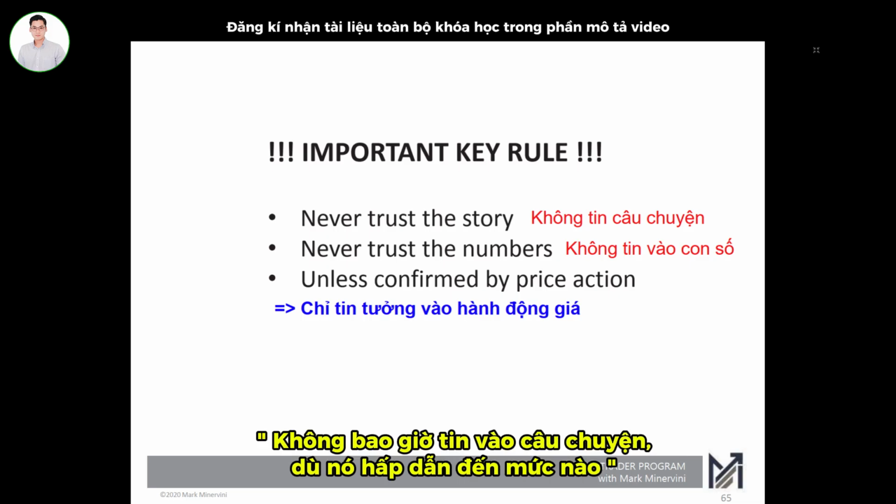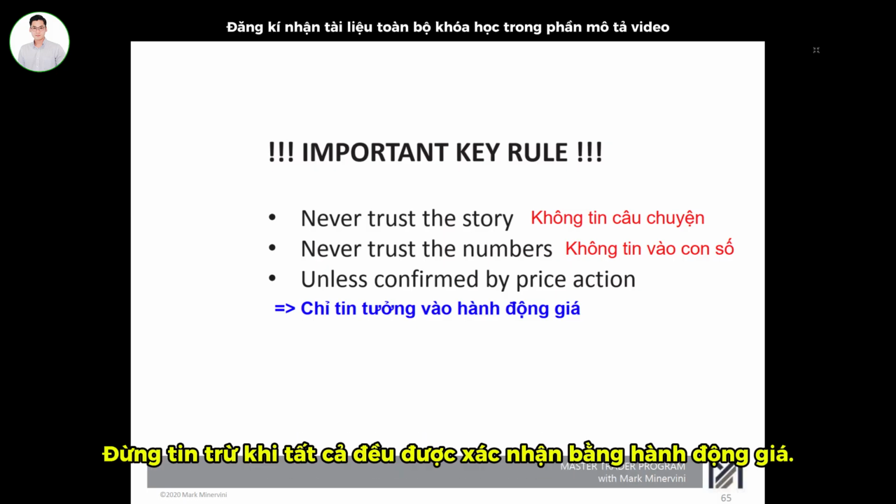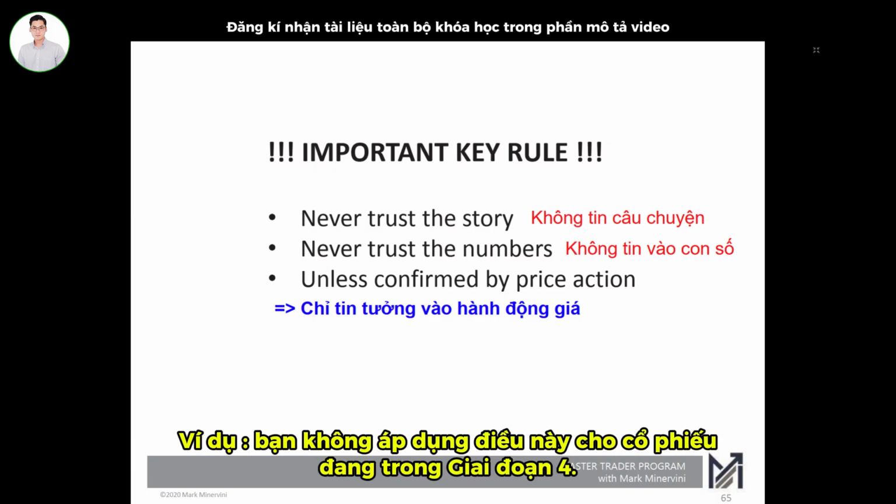Never trust the story, no matter how good the story is, no matter how great the numbers are, whether there's triple-digit earnings and sales every quarter. You're never going to trust those unless they're confirmed by price action. So everything we show you, you're not going to apply to a stock that's in a stage 4 downtrend.